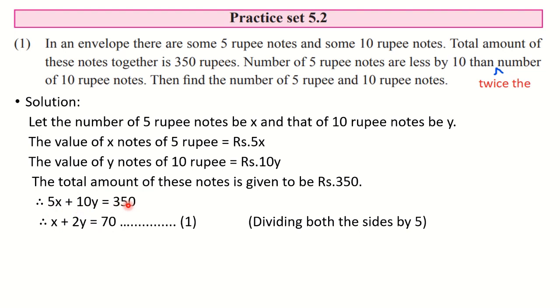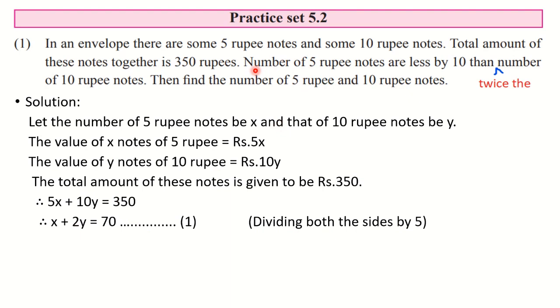Now you number this as 1. I have written the reason also, how I got this equation: by dividing both sides by 5. So by using the first condition, I found equation number 1.